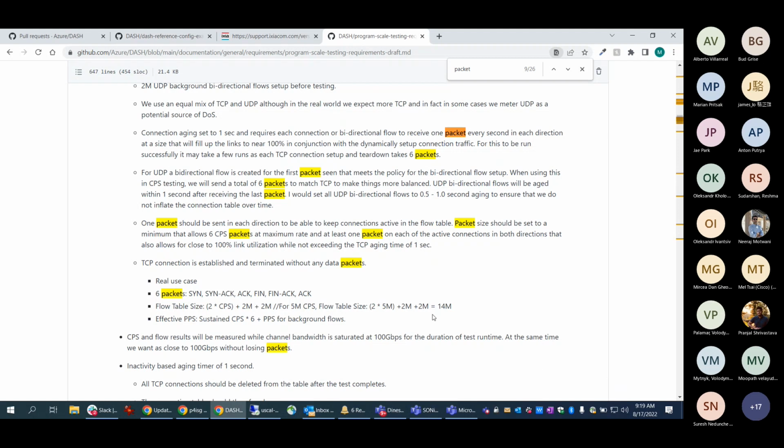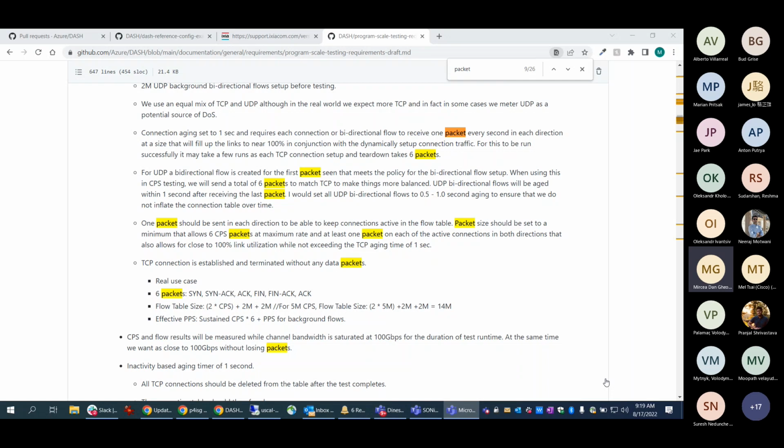It doesn't necessarily say that the flow table needs to be filled to that size. So I just think that bullet is problematic because it's not clear. And I think you're inferring from that maybe things that didn't necessarily need to be inferred.